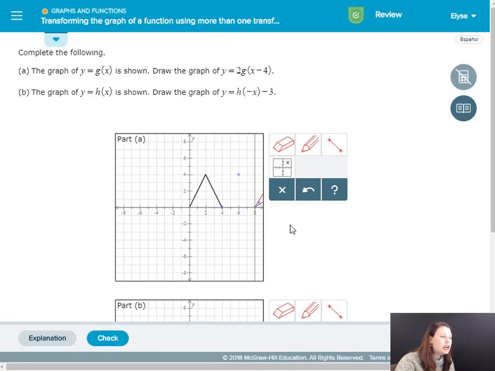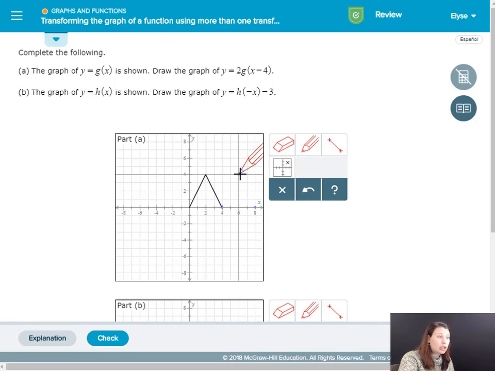Now, however, we don't stop there because that's not our last transformation. We also had a times 2. Now, the 2, remember, stretches it vertically, right? Because it's bigger than 1. So, can we stretch something that's on the axis? If it has a 0 value, can we stretch it? No, because it's 0, right? The only one we can stretch is this point right here.